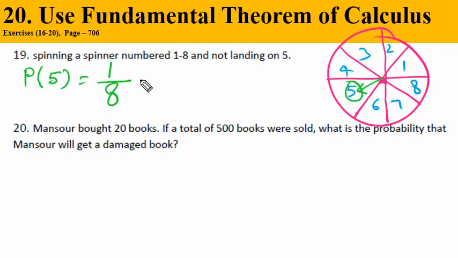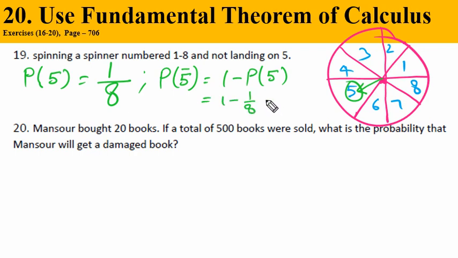Okay, now this is for landing on 5. What about not landing on 5? So not landing on 5 will be equal to 1 minus probability of landing on 5, and that will give us 1 minus 1 over 8. So you will get 7 over 8 as your answer. In the decimal, probability of not landing on 5 will be 0.875.